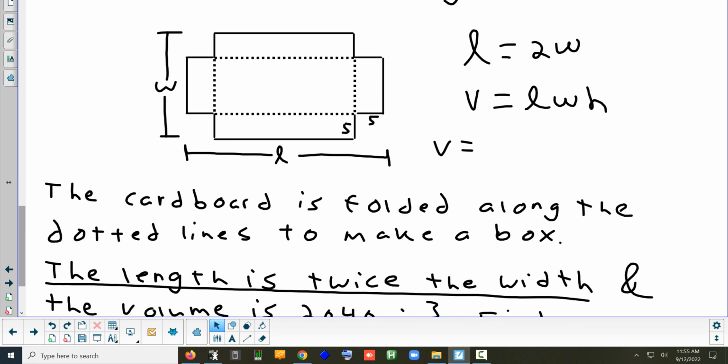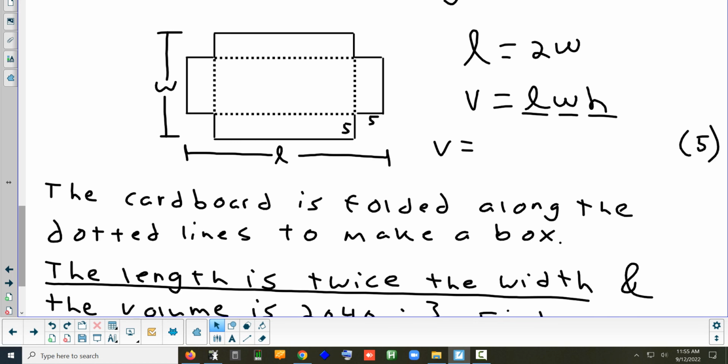Well, I think there's one dimension we know easily. What's the height of this tray? It's 5. When you fold the side up, it's going to have a height of 5. Now let's think about the width. When we talk about the length, the width, and the height here, we're talking about the shape after we fold it.